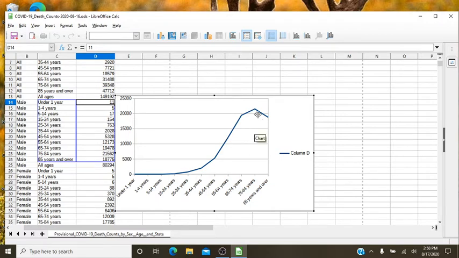Although it does appear that deaths trail off a little bit between 75 and 84. It appears as if for some reason among males, the deaths have trailed off after age 84.